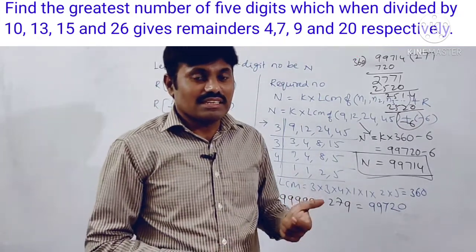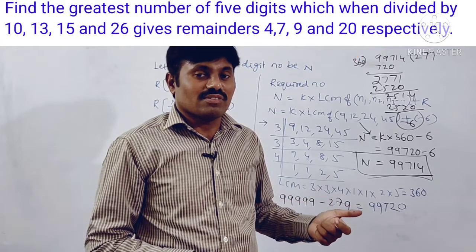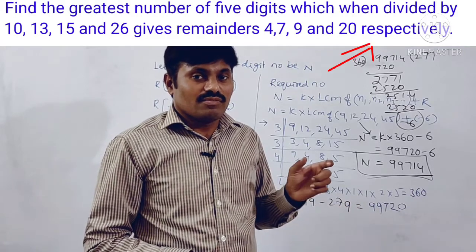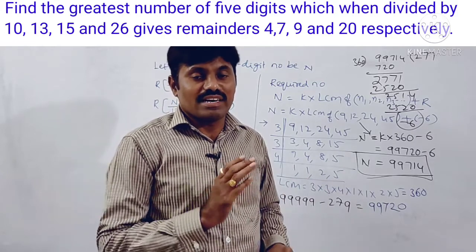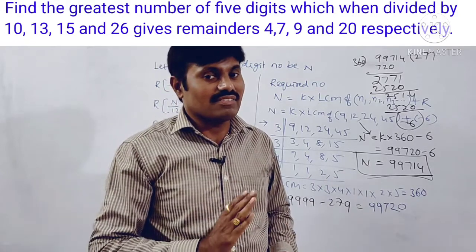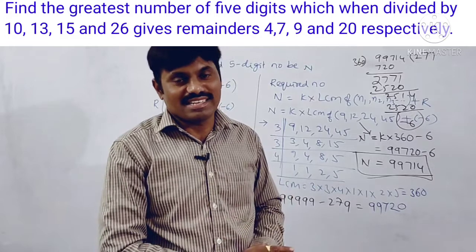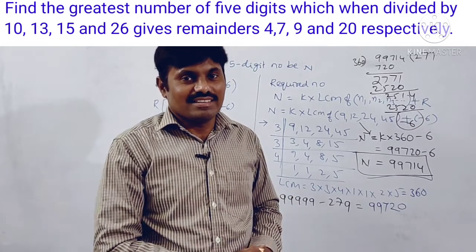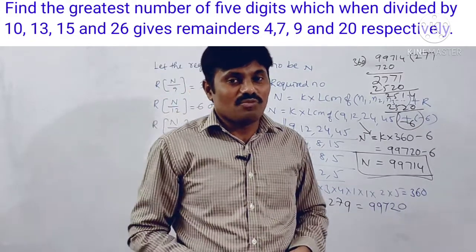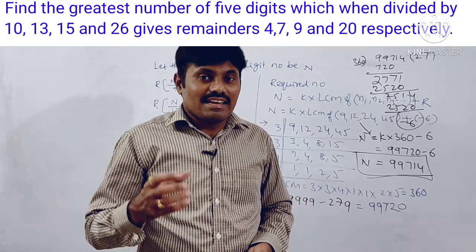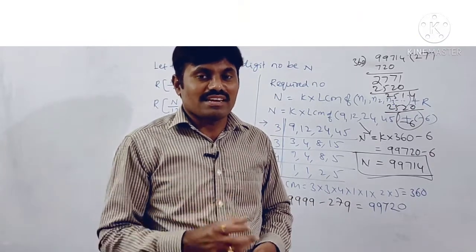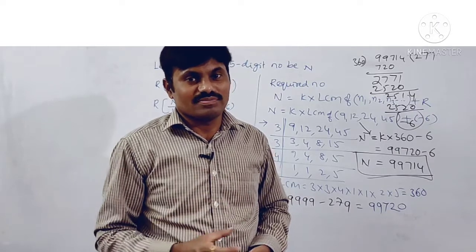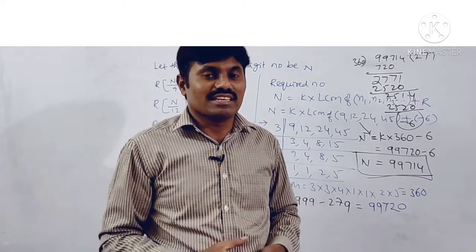In this video lecture we have discussed finding the smallest number when divided by different divisors and leaving different remainders in each case. In the next video we are going to discuss real life application problems based on LCM and HCF.